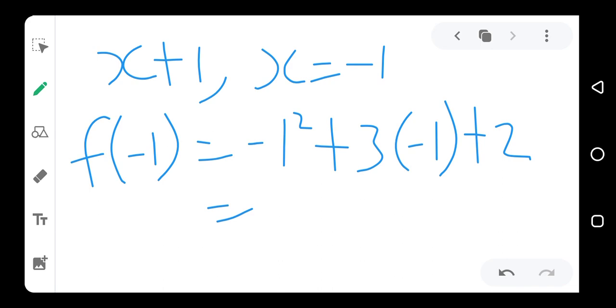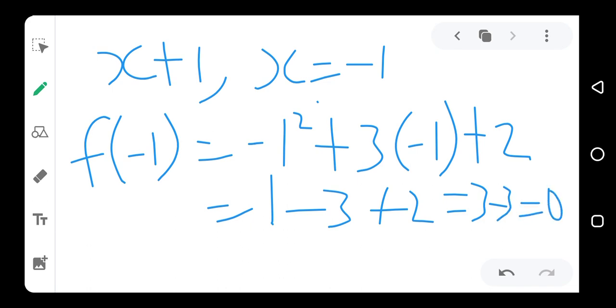Now this gives us 1, minus 1 times 3 will give us minus 3, plus 2, and this is 3 minus 3, and this gives us 0. So this one is a true root of the expression. X plus 1 is a true root, that is x equal to minus 1 is a true root of the function.